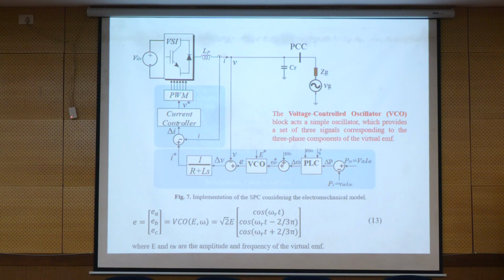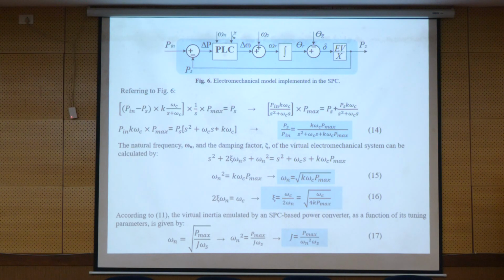What was the drawback? It doesn't have very good damping because of the limitation in what? In the electrical and mechanical limitation of this type of generator. So this is what we had.